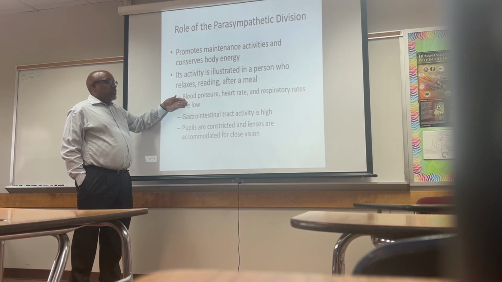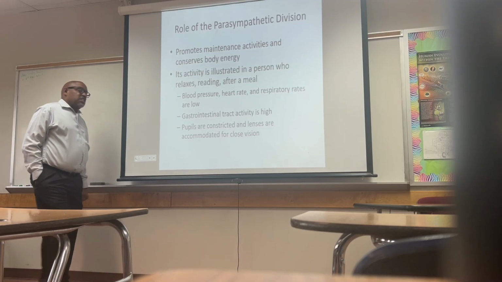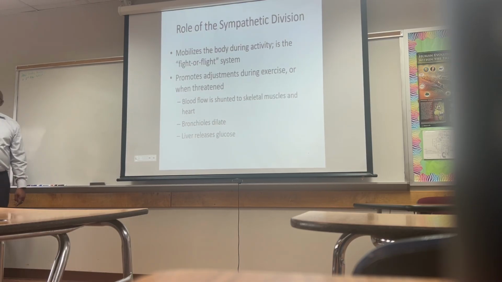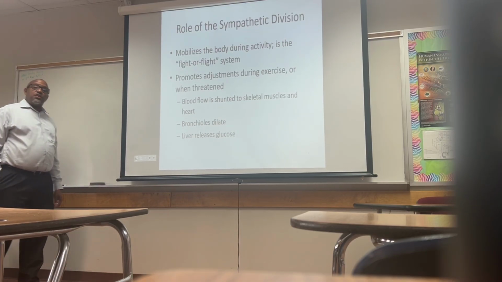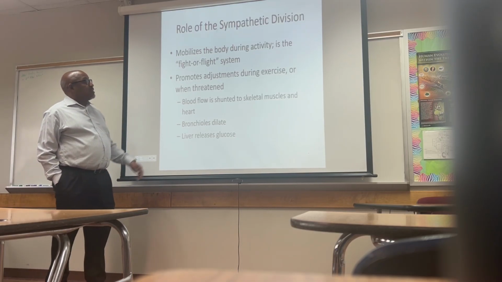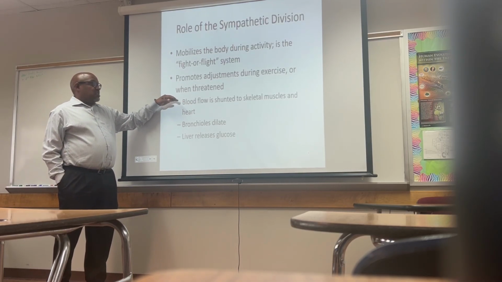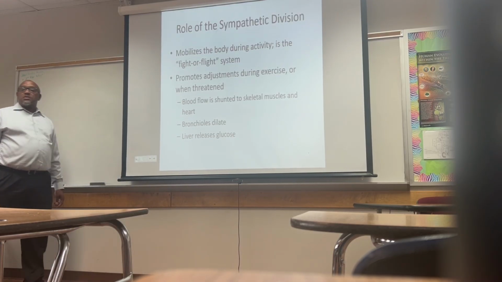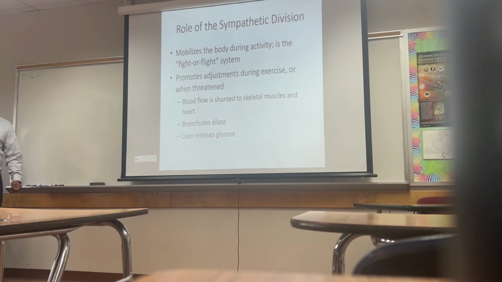Blood pressure, heart rate, respiratory rates are low. GI tract activity is high. Sympathetic is fight or flight. You should know the difference between sympathetic and parasympathetic. Blood flow is shunted to the skeletal muscles, bronchioles dilate, liver releases excess glucose. You're ready to fight or run.